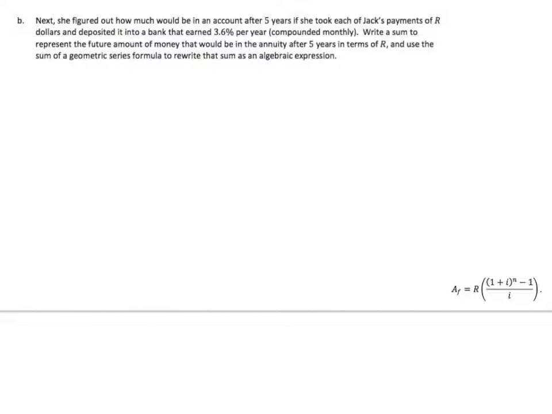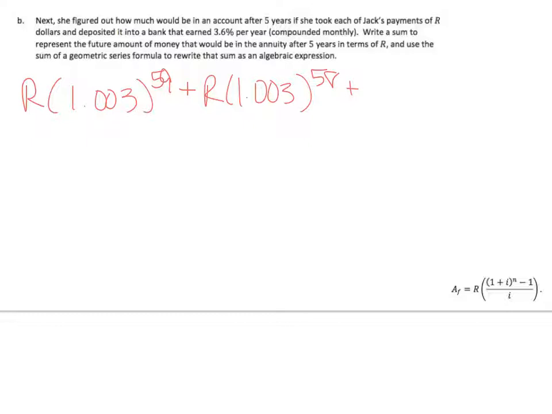So the future amount of money in the account after 5 years can be represented as follows. Okay, remember? And we could keep going, but we don't want to do that because that's a lot of work, especially when it's 60 months. Right?